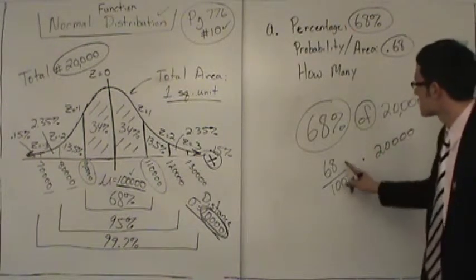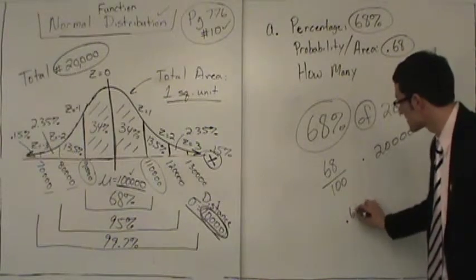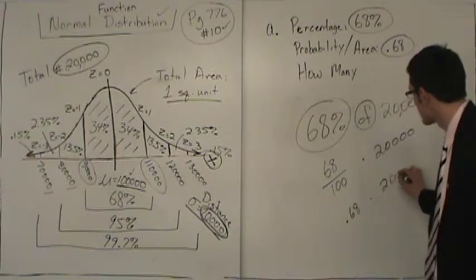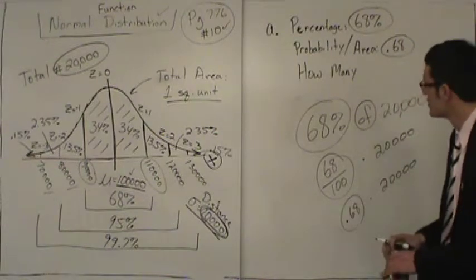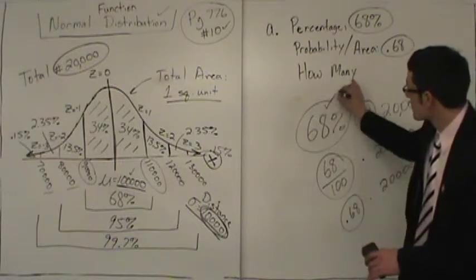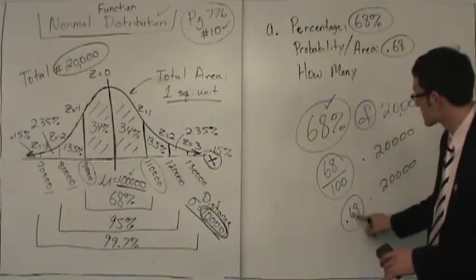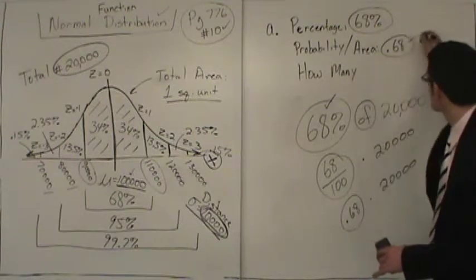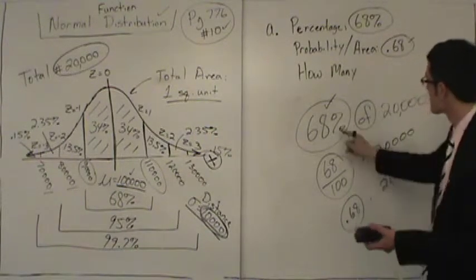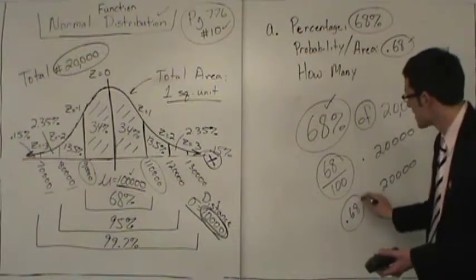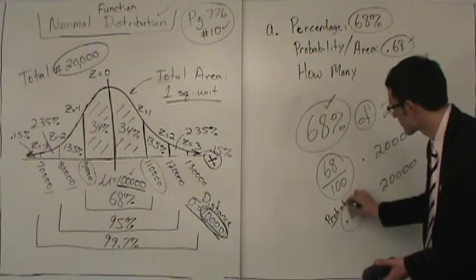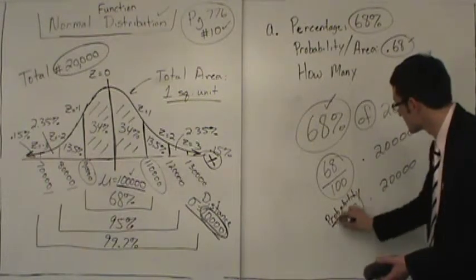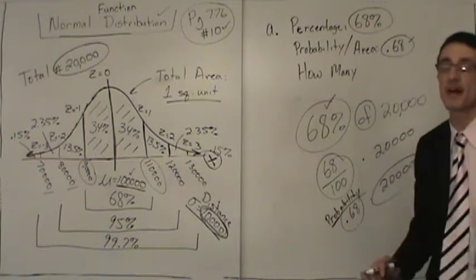Now watch this. 68 over 100 is 0.68, times 20,000. 68 over 100 is the same as 0.68. This is your percentage, and 0.68 is your probability. So to find 68% of 20,000, take the probability and multiply by the total number of batteries produced.